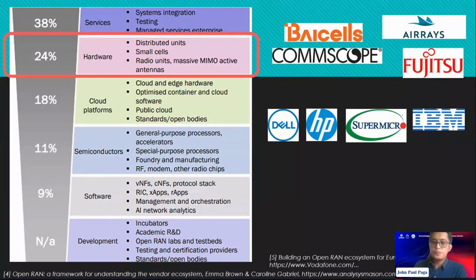And for the hardware of our distributed units, we can look out for Dell, HP, Supermicro, IBM, the vendors who are already providing commercial off-the-shelf servers. So it's not hard to find, and we are not locked in to a specific vendor.